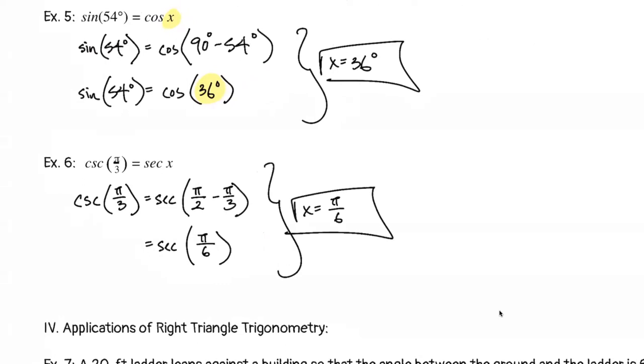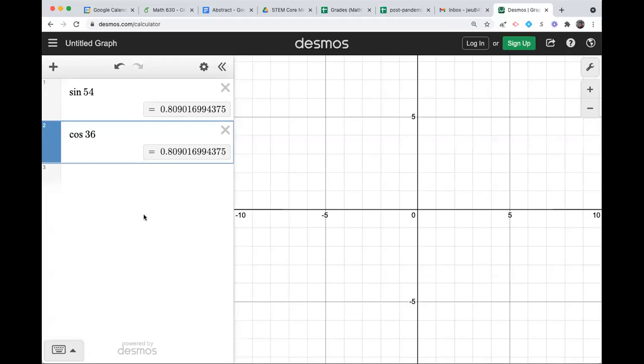So after we've done this work, let's go back and check Desmos to make sure we've got the right answer. I'm going to stop sharing this and start sharing the Desmos screen again. If I start typing cosecant, and I type in the letter pi, it turns into pi over 3.